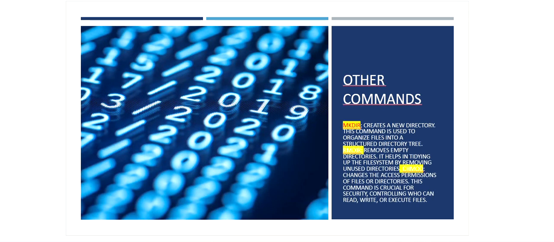This command is used to organize files into a structured directory. rmdir removes empty directories. chmod changes the access permissions of files or directories. This command is crucial for security, controlling who can read, write, or execute files. For example, if you want only the root user to be able to delete a file, it is important for security. You change access permissions with the chmod command.